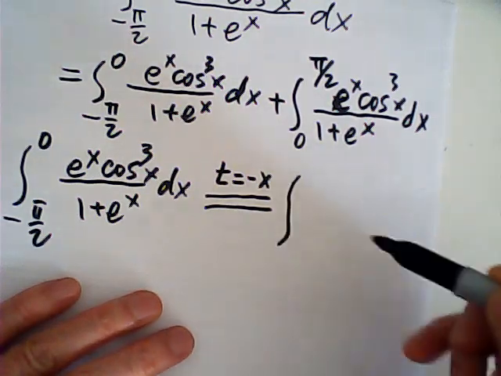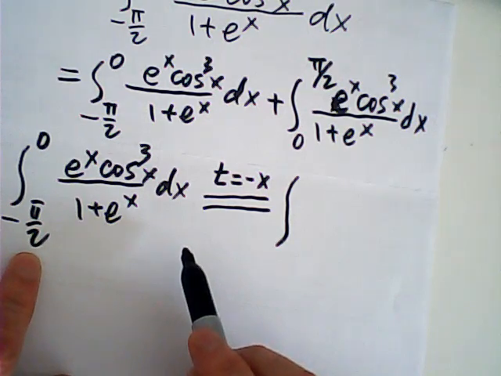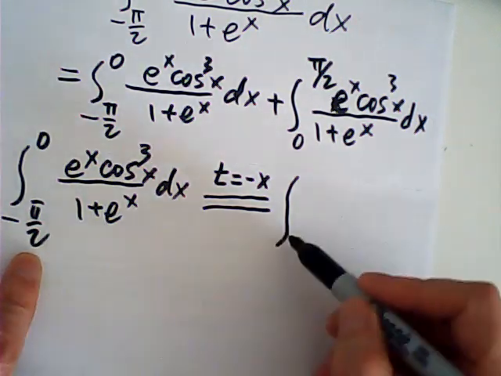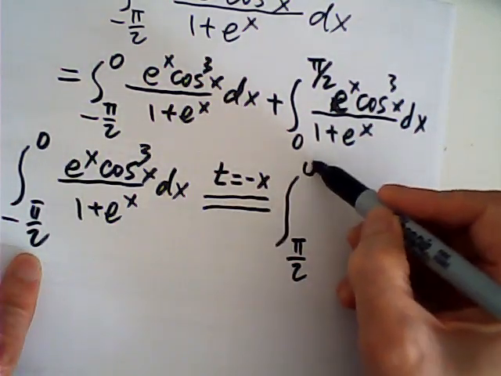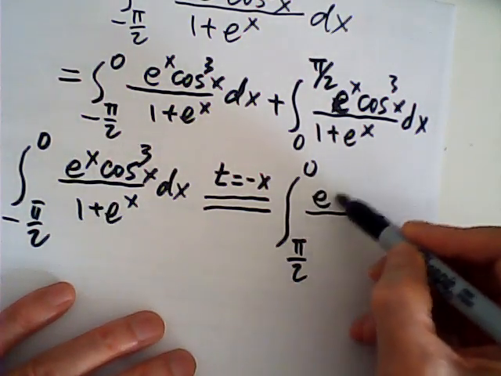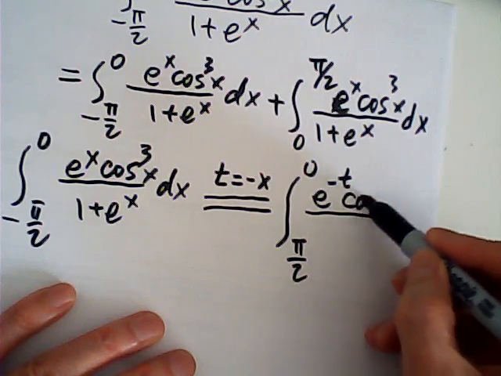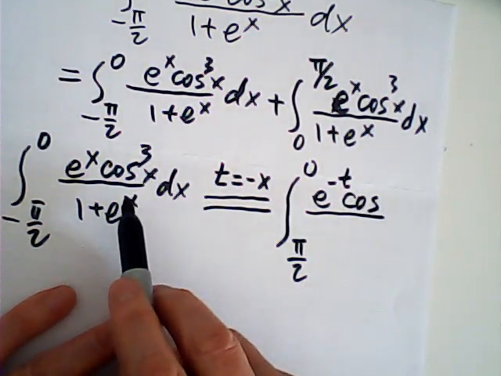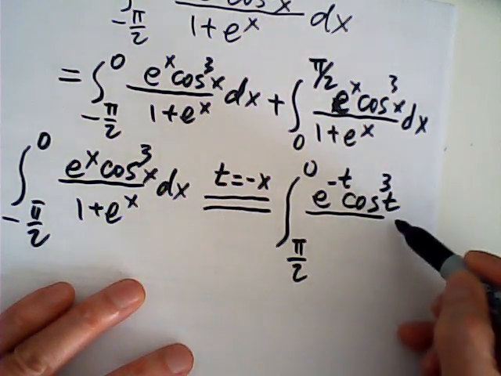So the limits become positive, from 0 and half pi, and this is e to the negative t, cosine of negative t is positive, same thing, no change, right?